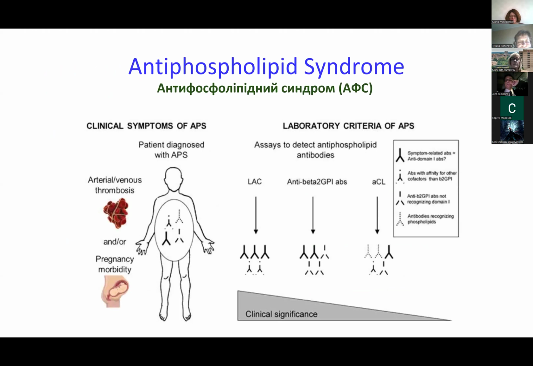So antiphospholipid syndrome is really a clinical diagnosis, and it requires some clinical symptoms. So usually there has to be one or more arterial or venous clots. Arterial clots can be something that causes limb ischemia, finger ischemia, pulmonary embolism, stroke, kidney infarcts, and venous is obviously the venous clots.